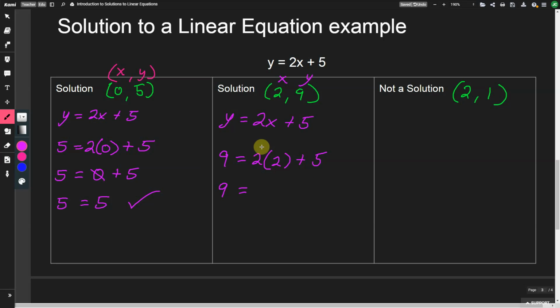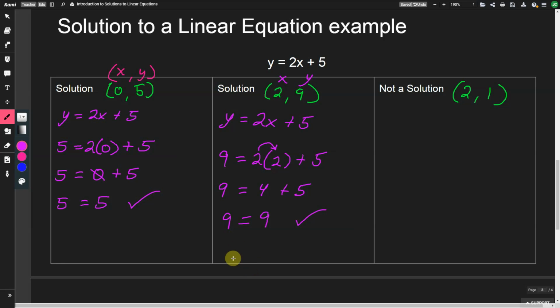We're good there. 2 times 2 is 4 plus 5. Well, 4 plus 5 is 9, and this side is also 9. You think to yourself, is this true? 9 equals 9. Yes, that is true. That is a solution. Okay, same thing, same case. Different numbers, but it doesn't matter because we got one side equal to the other side, and that's true.